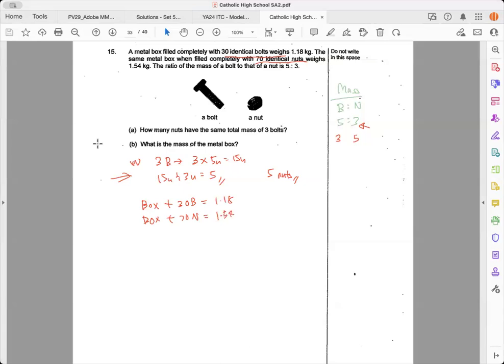The question is asking you to find the mass of a box. Now we know from part A that 3 bolts has the mass of 5 nuts, right? So 30 bolts will have the mass of 50 nuts. So I'm going to replace these 30 bolts with 50 nuts. Got it?